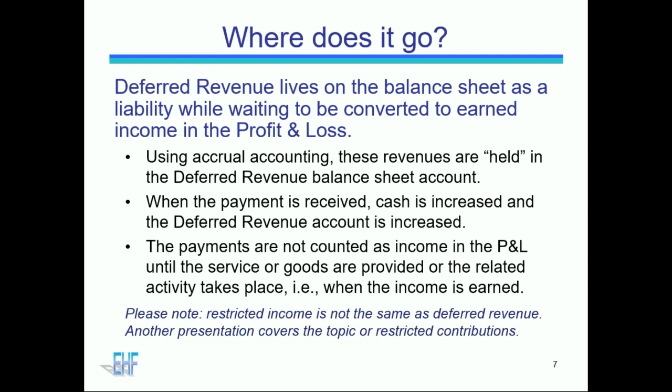When the payment is received, cash is increased, the deferred revenue account is increased, and it is waiting to be recognized as revenue. The payments are not counted as income in the P&L until the service or goods are provided and the related activity takes place. In other words, when the income is actually earned.